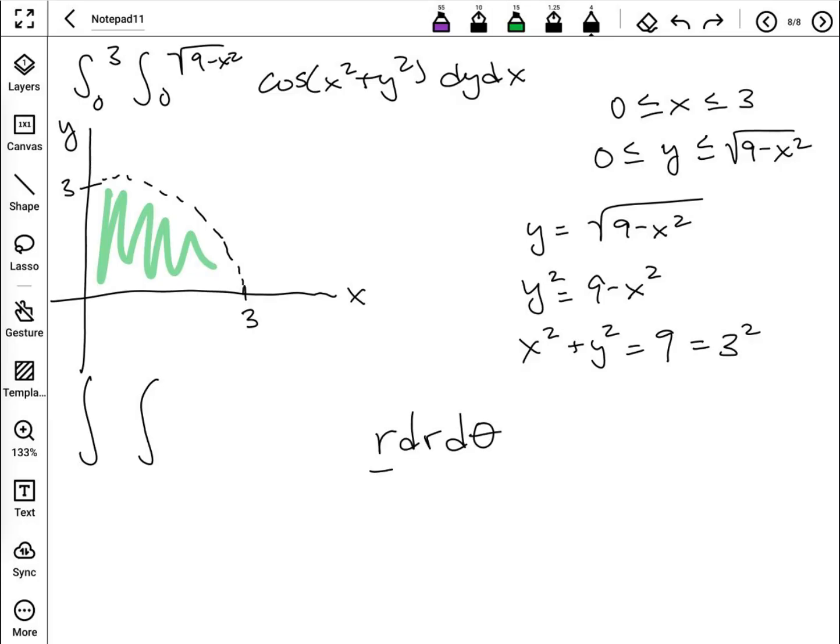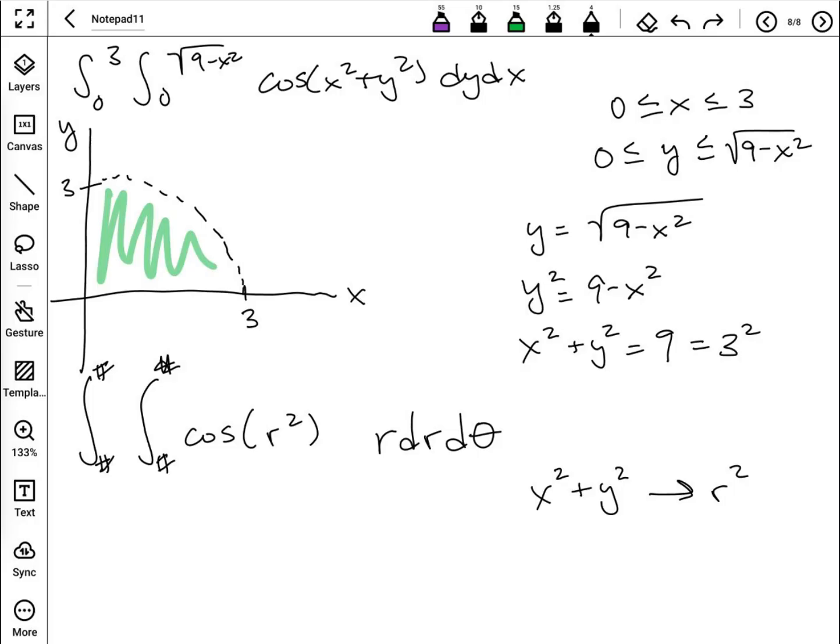Don't forget the r. That is usually what causes problems in this section. And then one of the substitutions that I'm always allowed to use is that x squared plus y squared goes to r squared. So I would actually be integrating cosine of r squared instead of cosine of x squared plus y squared. And I would just be putting some numbers on these bounds that I'm going to let you all have the fun of figuring out for yourselves.